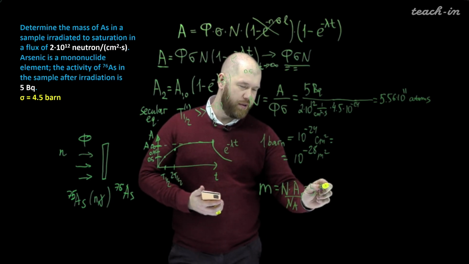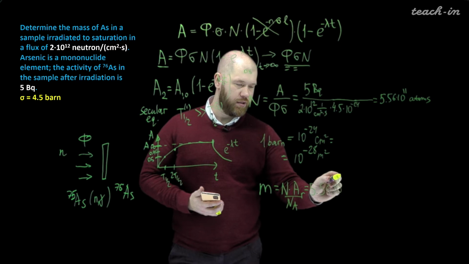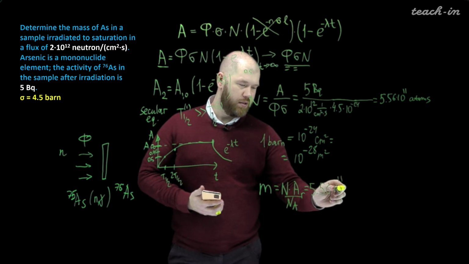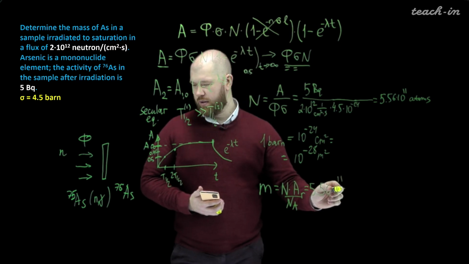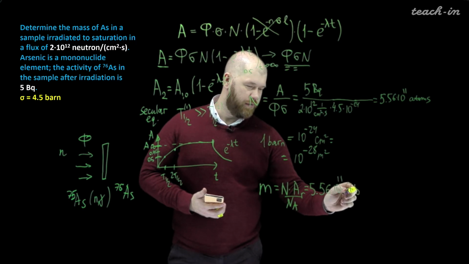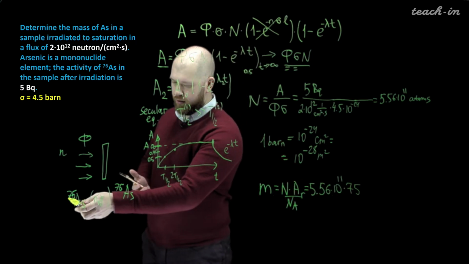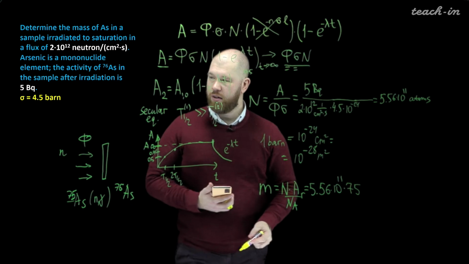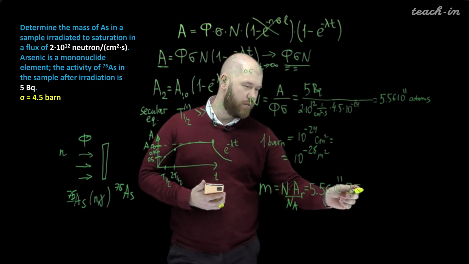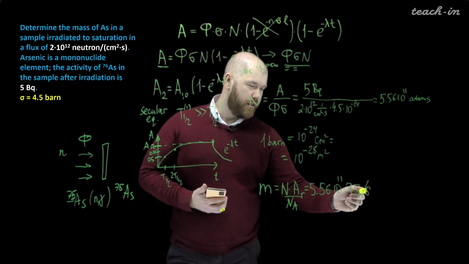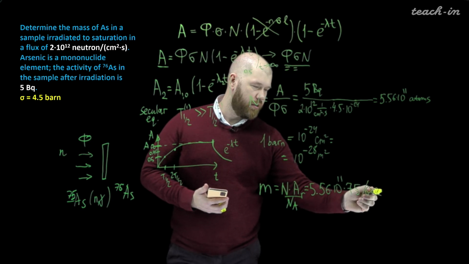So it will be 556 times the atomic mass 75, as far as we irradiated our initial arsenicum with mass 75, divided by the Avogadro number.